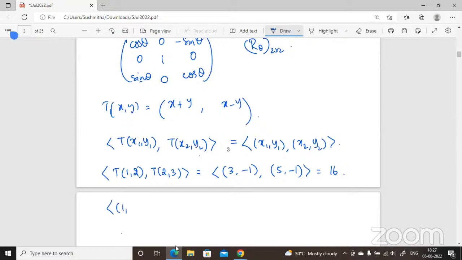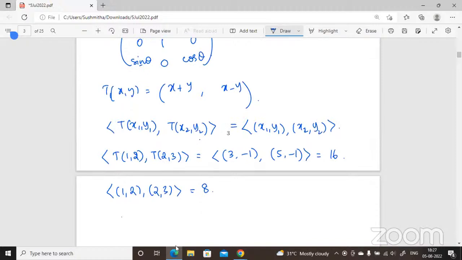What is the inner product of 1, 2 with 2, 3? 2 plus 6, 8. Yeah, so these two are not equal.